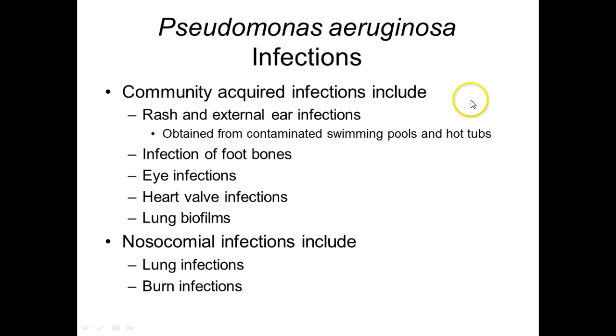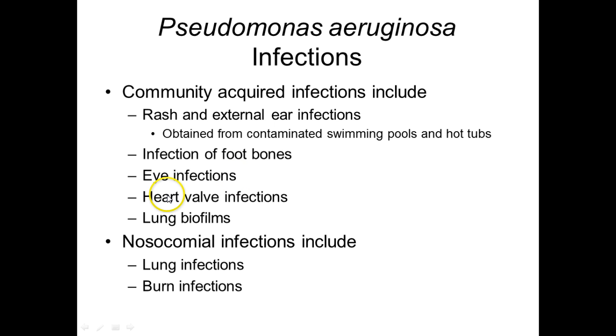So again, commonly seen in community-acquired infections, rashes and external ear infections, and usually obtaining this organism from the environment, right? From pools and hot tubs. It can infect the bones of the foot. It can cause serious eye infections as well.